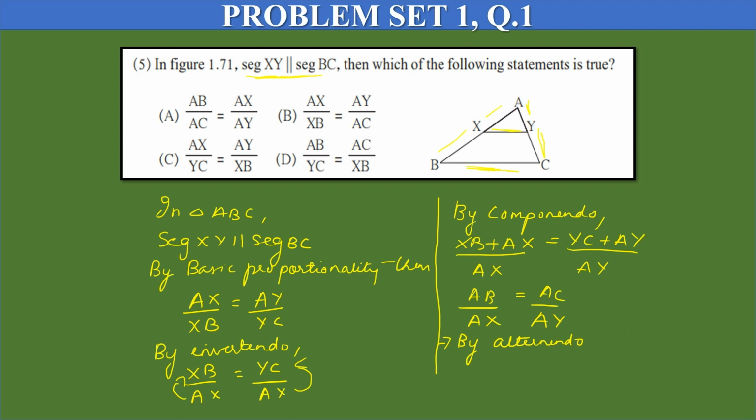So I can write here AX upon AY is equal to AB upon AC. Yes, so this answer we can find in option number 1, that is A. AB upon AC is equal to AX upon AY.